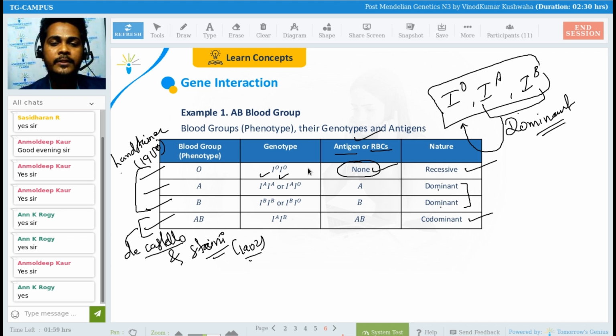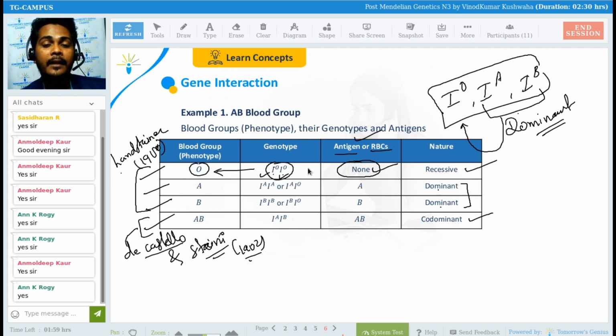Well, so these are the general information regarding the ABO blood group. Now let's summarize this table, what exactly it is saying. It is showing the blood groups, their genotypes and their antigens. So a person with IO alleles has blood group O. Why?